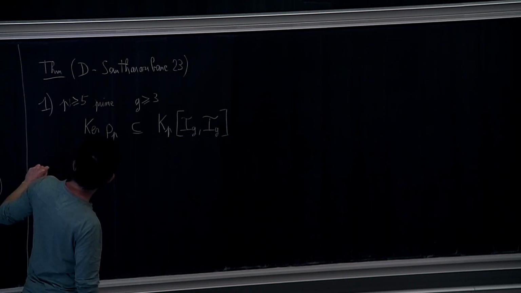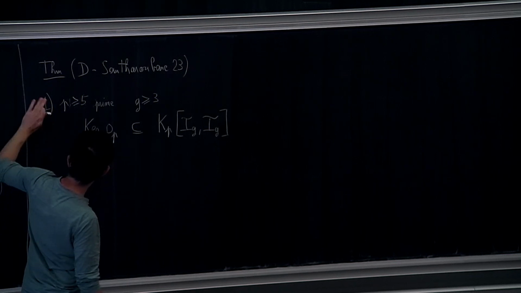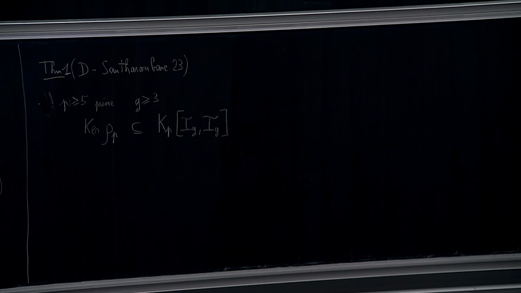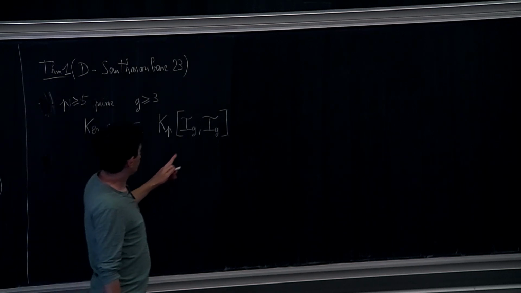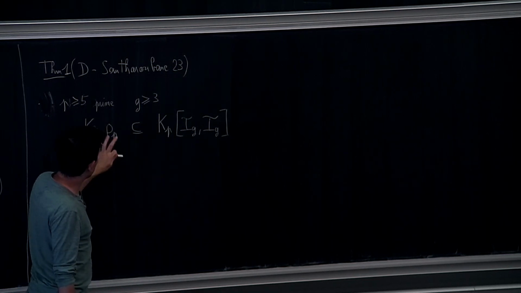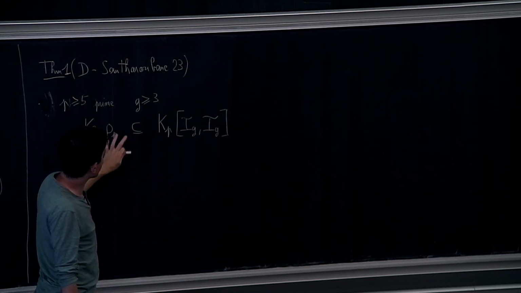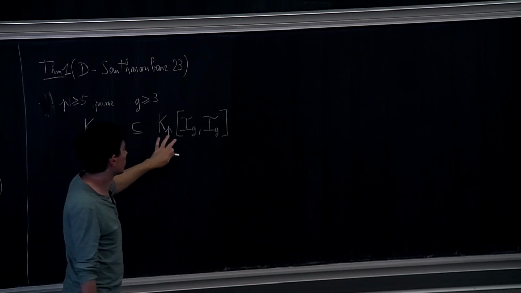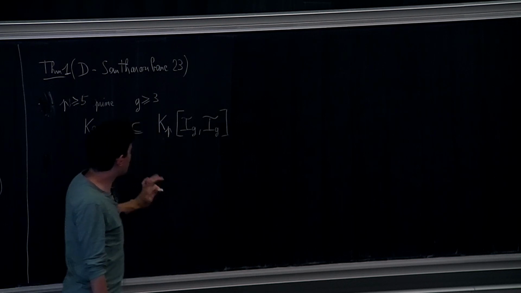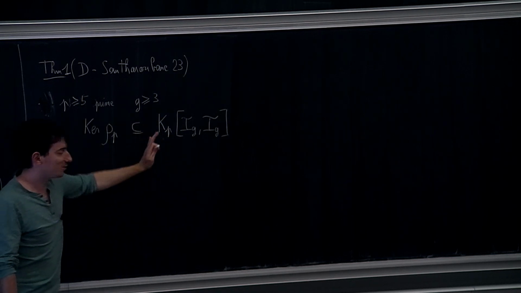I realized I wanted to make a definition before stating the theorem. Well, let's say this is the first part of theorem 1, which I can state. So we have this result, which tells us that at least the kernel here cannot be much larger. Well, it can be much larger than K_P, but at least it's included in this.